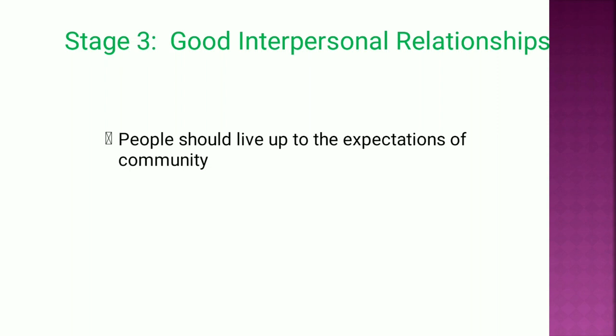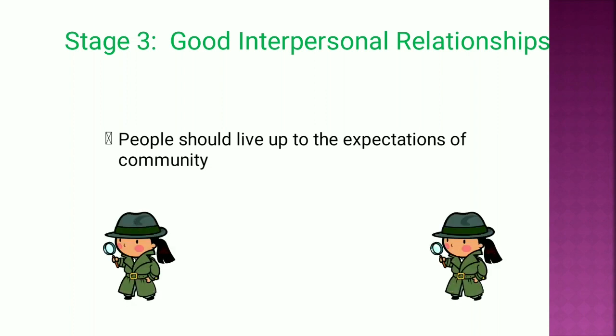Stage 3 is about good interpersonal relationships. People struggle to earn a name like you're a good boy or you're a nice girl. So good interpersonal relationships deals with good boy or nice girl orientation. People should live up to the expectations of the community.